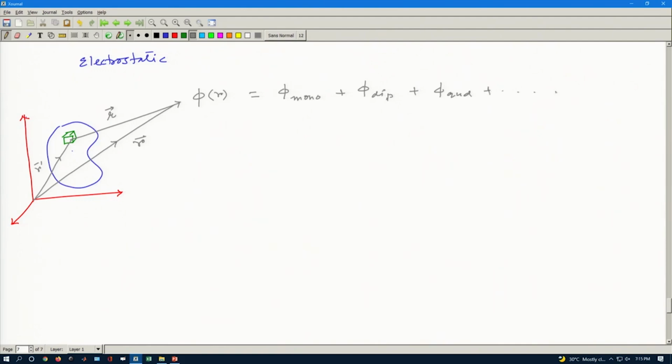So this scalar potential for the electrostatic field can be expanded in this way. That was the multipole expansion, the outcome that we figured out.